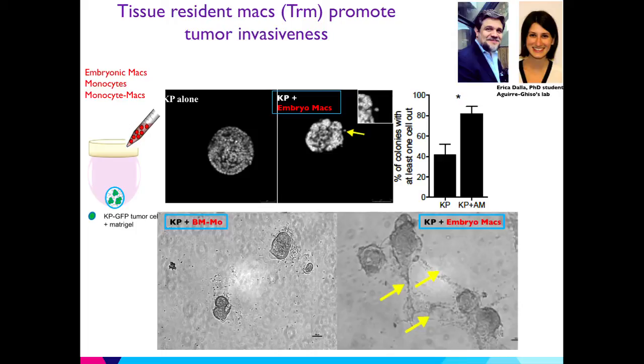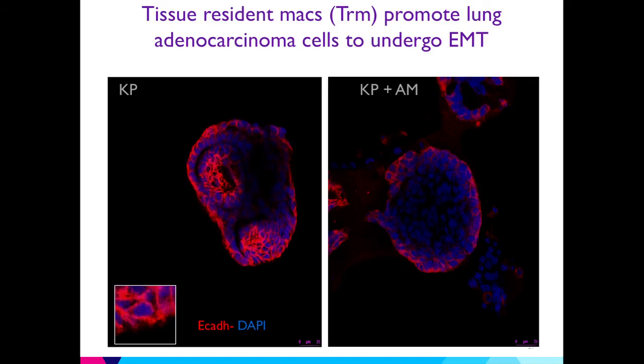And this is also in line with this cell dynamic that we observed. These embryonic macrophages indeed are the first to be recruited and potentially contribute to tumor growth by promoting tumor invasiveness. But we then also looked at whether these embryonic macrophages were able to promote this EMT phenotype.